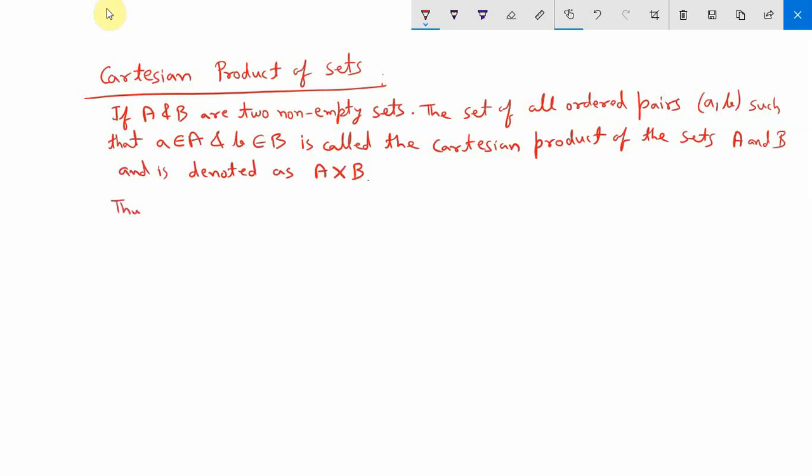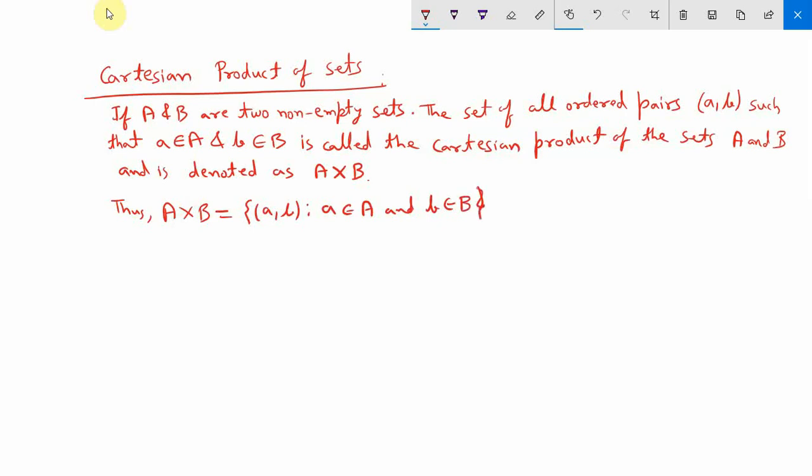Okay, so we can write A × B will be equal to {(a, b) such that a is an element of set A and b is an element of set B}.